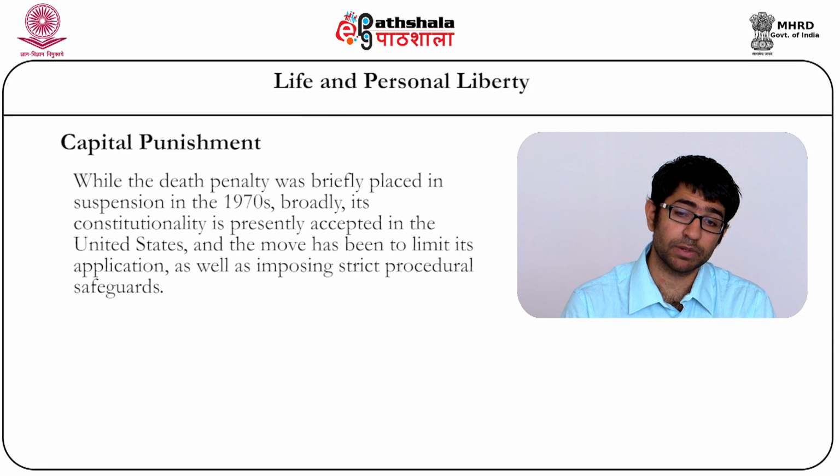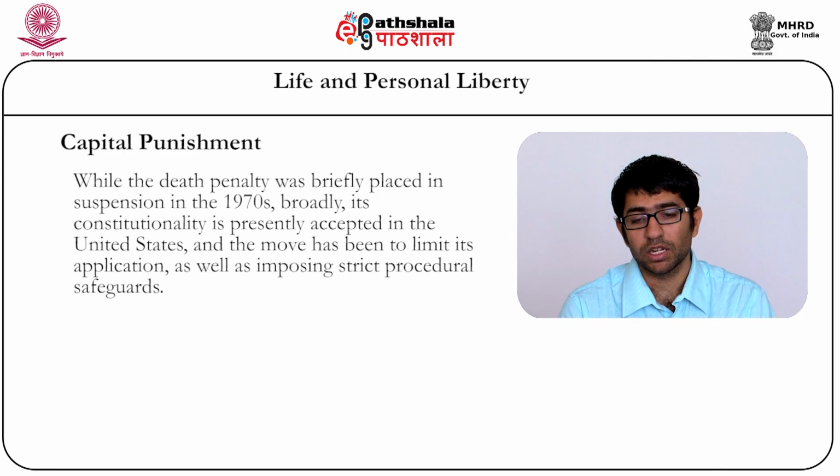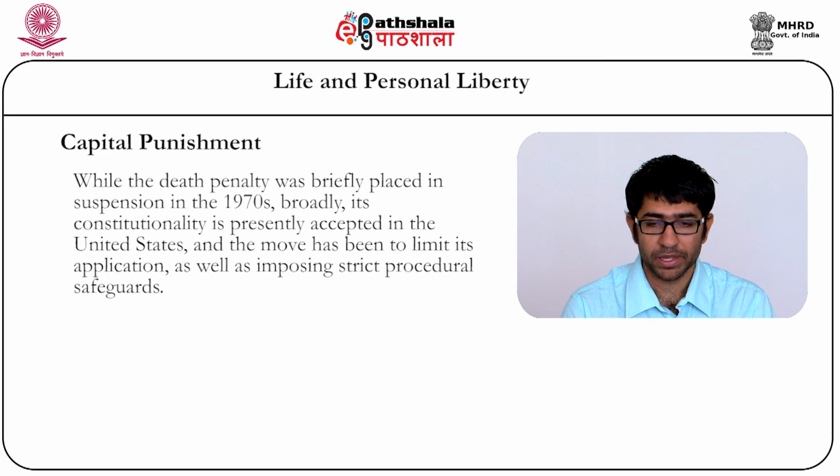In America, while the death penalty was briefly placed in moratorium in the 1970s in a famous case called Furman versus Georgia, that lasted only 4 years, and that position was changed in the case of Gregg versus Georgia.